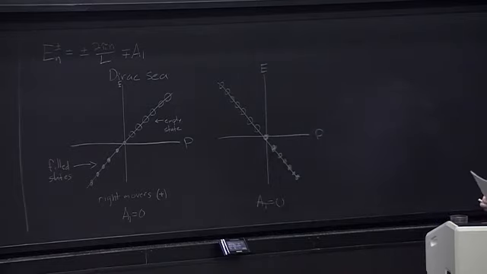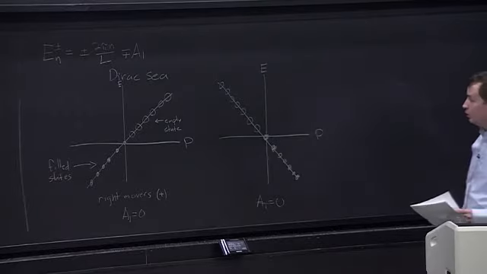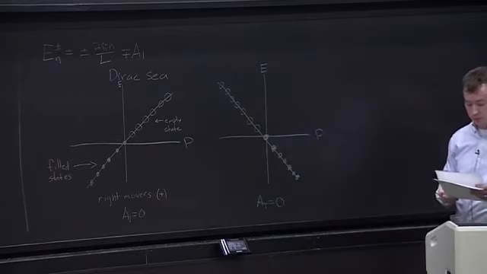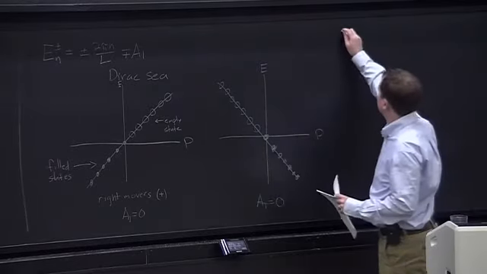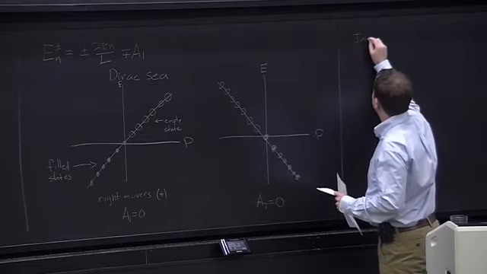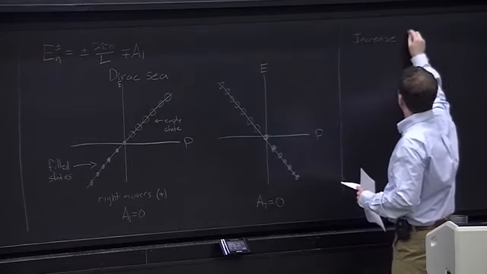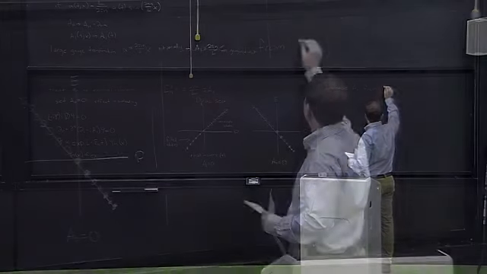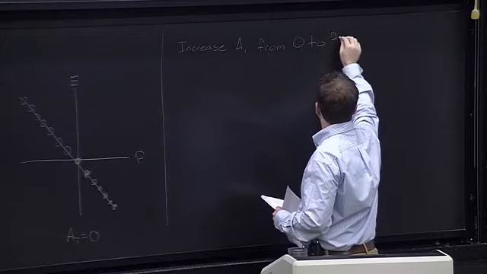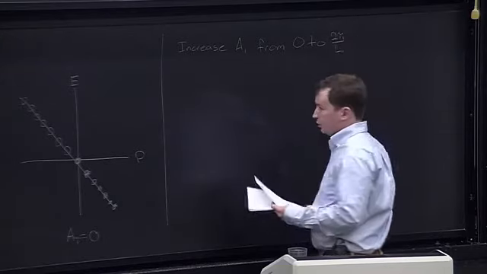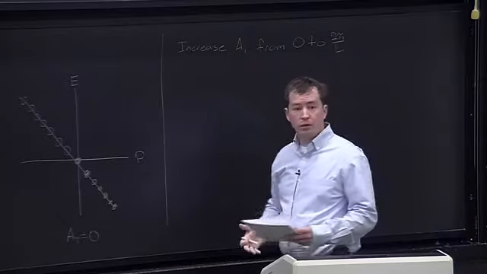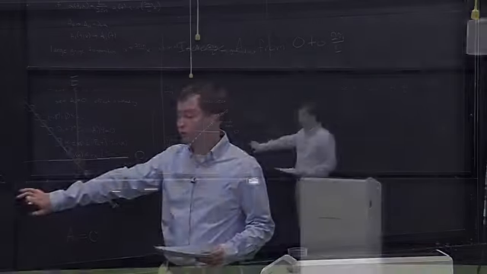So now we can ask what happens if we increase A1 adiabatically from 0 to 2 pi over L. If we increase A1 from 0 to 2 pi over L, the spectrum is mapped onto itself.